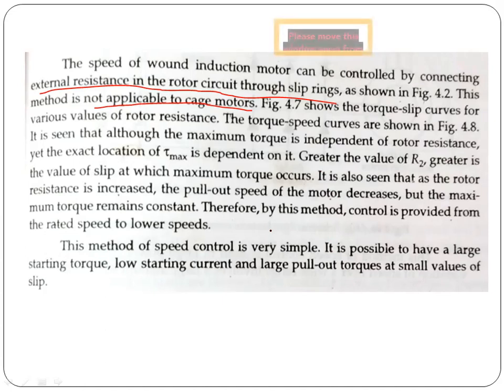This method of speed control is very simple, and it is possible to have large starting torque, low starting current and large pull-out torque at small values of slip. So this is a very effective method of speed control in case of three-phase induction motor of slip ring type.